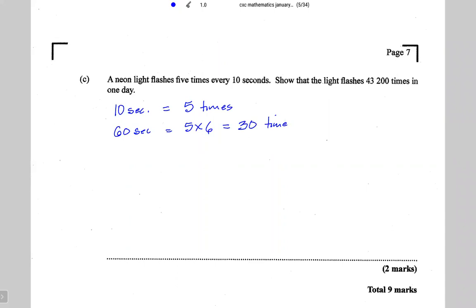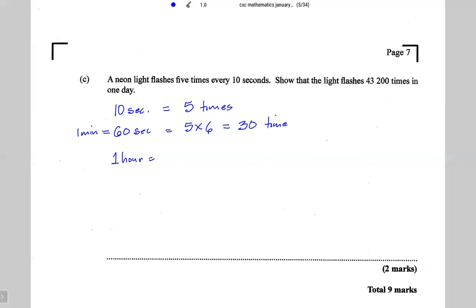How did I get that? A minute is 60 seconds. All I did was multiply both sides by 6. 10 times 6 is 60. 5 times 6 is 30. In 60 seconds, the light flashes 30 times. That's 1 minute. Then let's find out how much it flashes in 1 hour. So in 1 hour, which is 60 minutes, remember, this is 1 minute here.